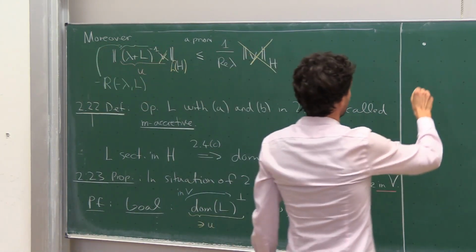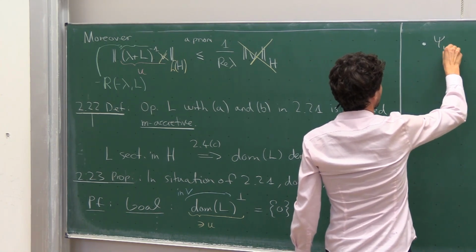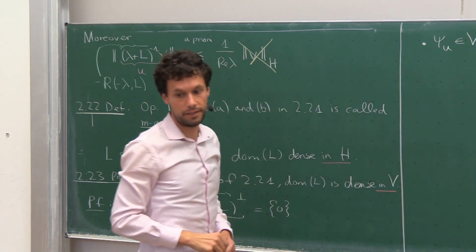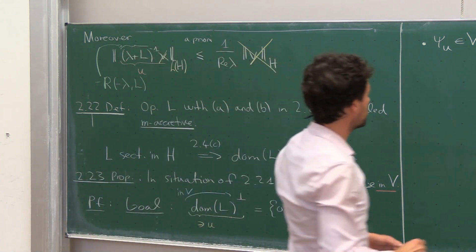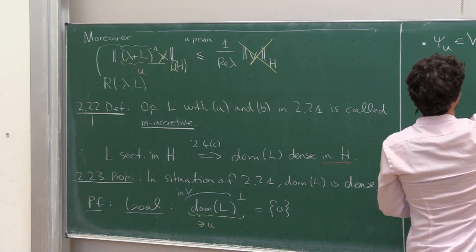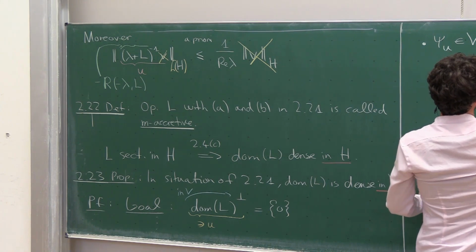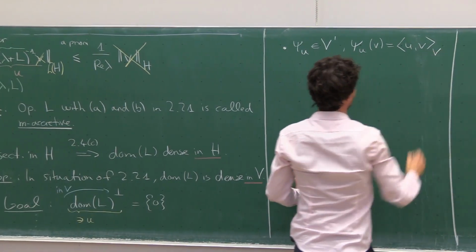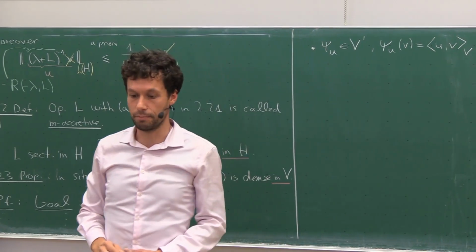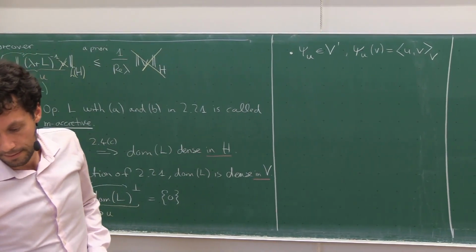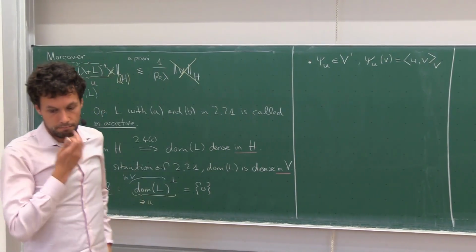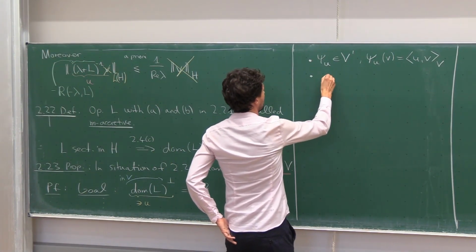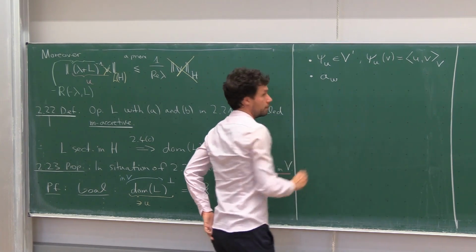So let me do like this. Let me introduce a functional on V, and this functional should be given by psi of u, the inner product in V. It's a little bit like in the identification, but here I really use the V inner product. Okay, and then I want to use Lax-Milgram at some point.